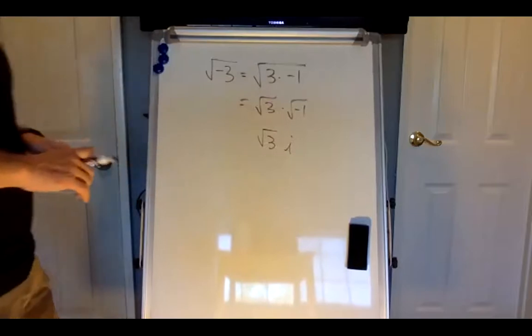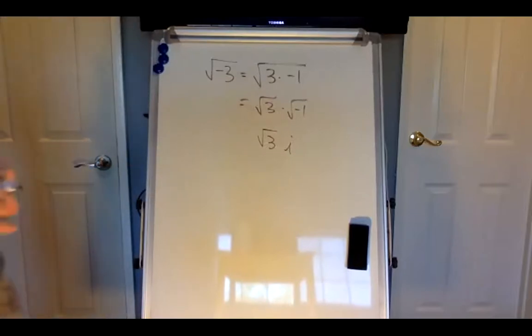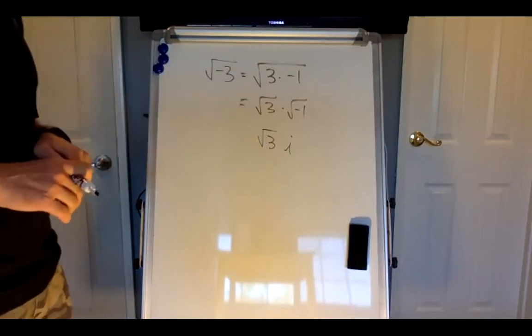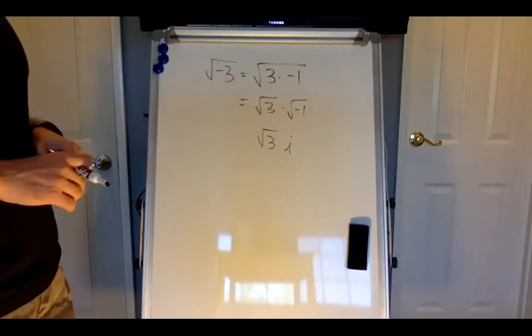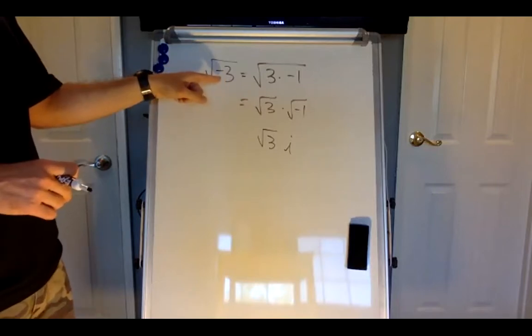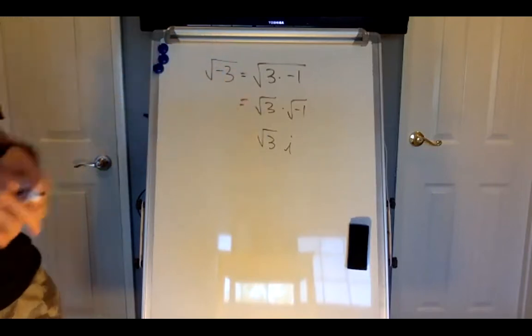And there you have it: root 3 times i. Now all of a sudden you don't have a problem with your square root. So think of it as factoring out an i. Whenever you have a negative, no problem. Factor out an i, and then it's positive.